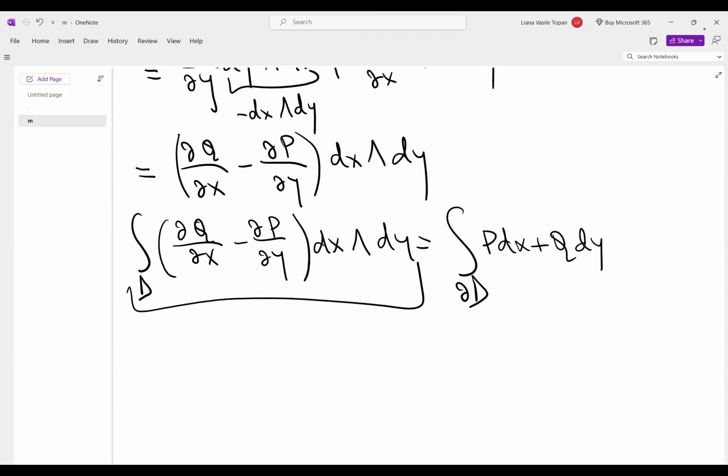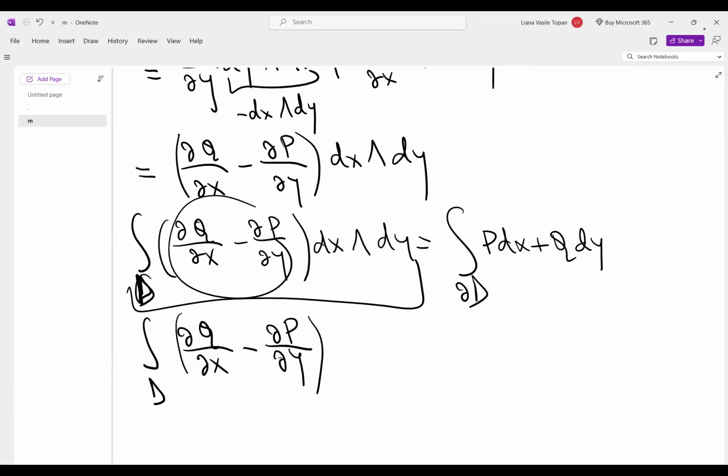Okay, but now this is the same as the function here, right? So this is over a domain. So this is simply the integral over D of partial q over partial x minus partial p over partial y dx dy, and that's the integral over the boundary of p dx plus q dy, right?